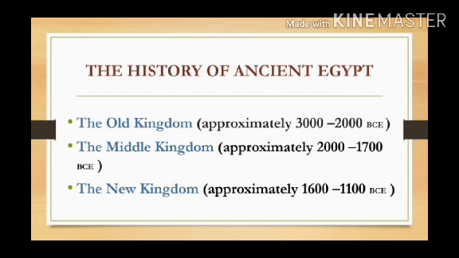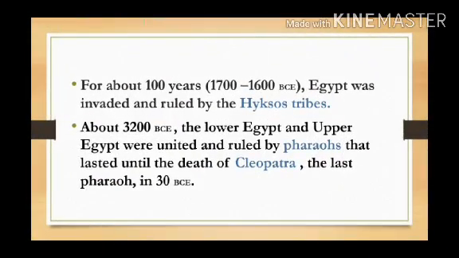The Middle Kingdom is approximately between 2000 to 1700 BCE, and the time frame of the New Kingdom is approximately between 1600 to 1100 BCE. For about 100 years, that is between 1700 to 1600 BCE, Egypt was invaded and ruled by the Hyksos tribes.